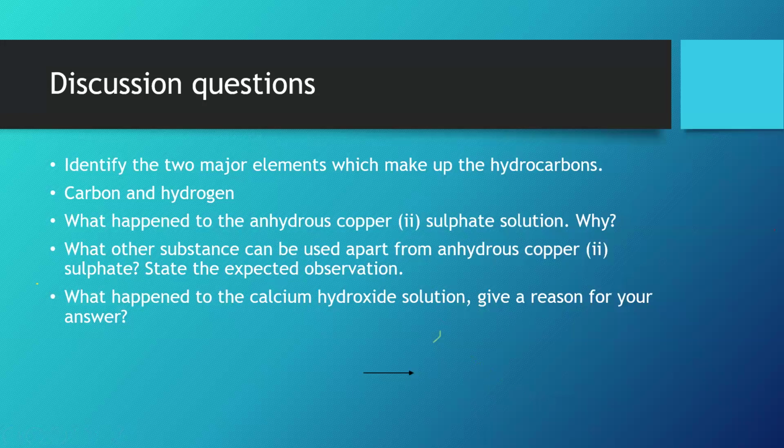We've also mentioned that one. Where lime water was used, we can call it calcium hydroxide. And when they use calcium hydroxide, please, you don't say it turned milky. You say the colorless solution turned to a white precipitate. And of course, because of the presence of carbon dioxide, that's why it turns to that.